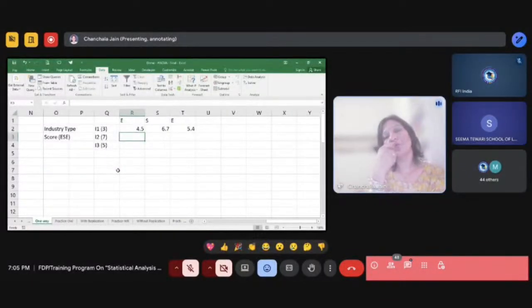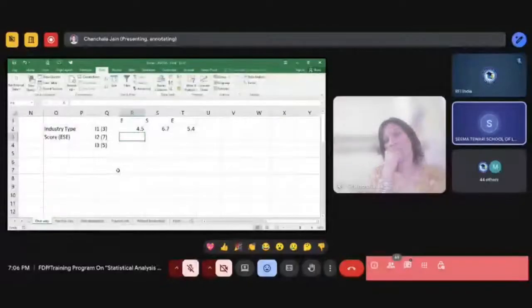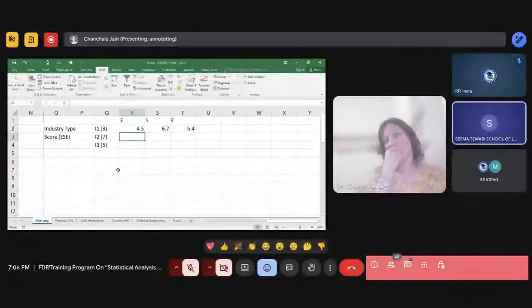And why are you going for two-way ANOVA? What was your objective? My objective is to check whether all the companies are progressing on all the factors like economic, social, and environmental. There is no difference in the progress in different factors.